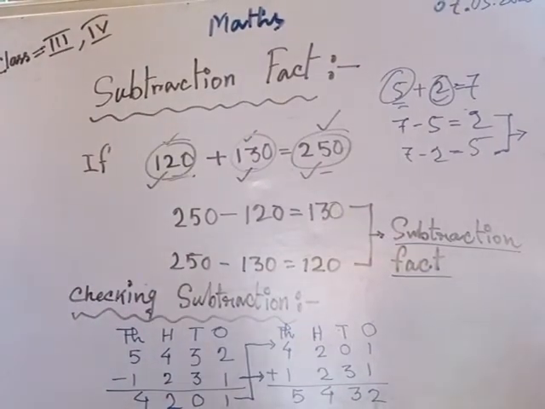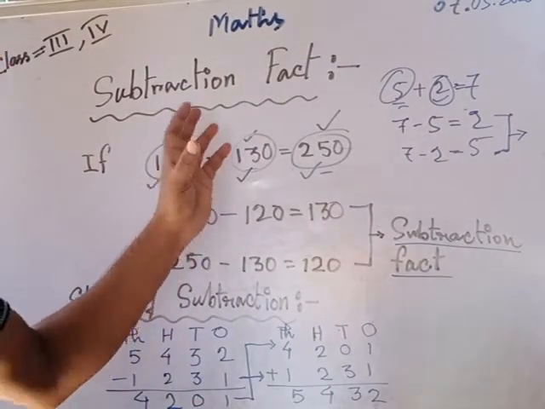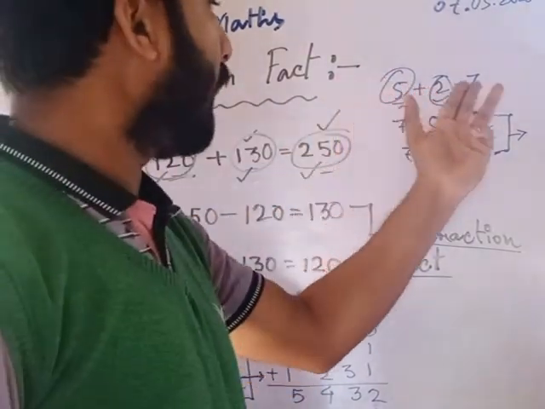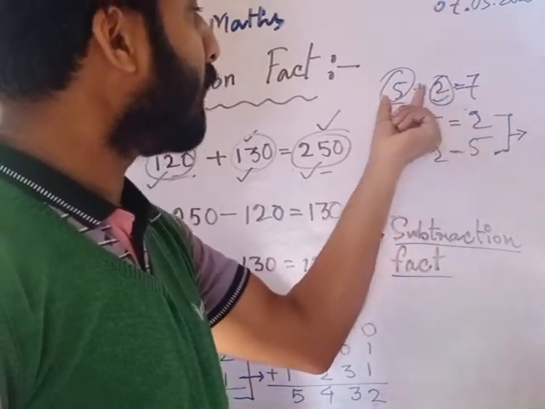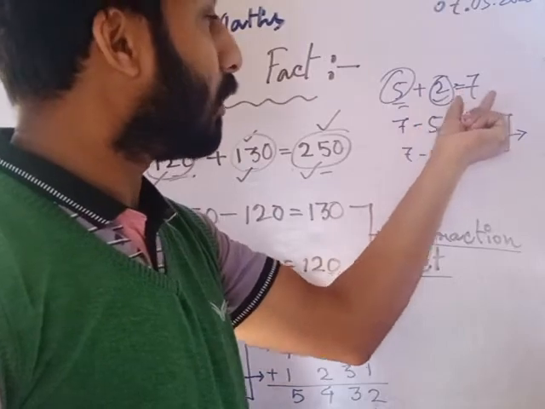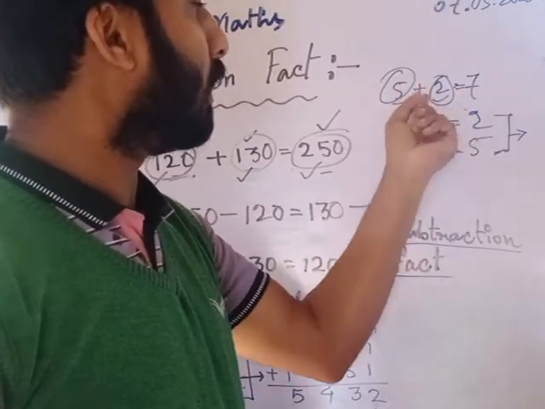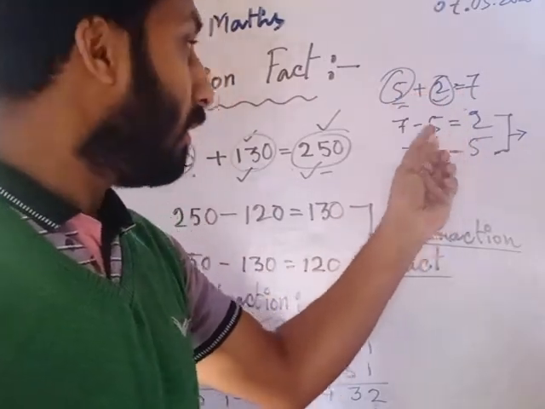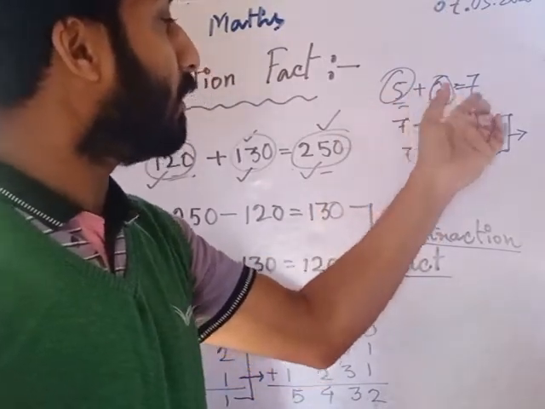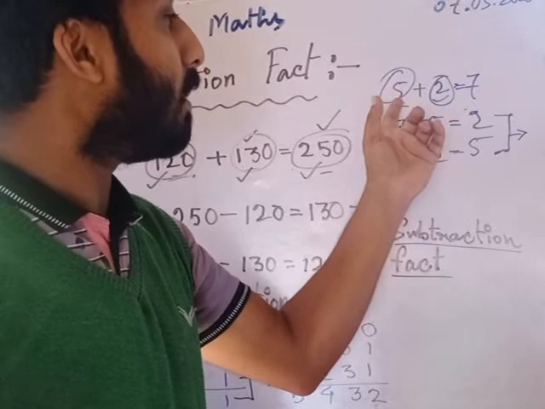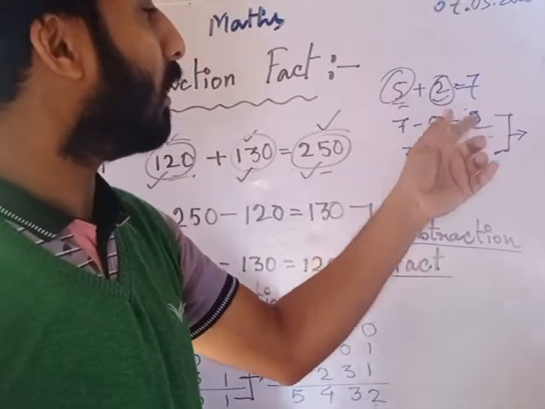Okay, so I will tell you again. If you add any two numbers, and then subtract any one number from this total, you will get the other one.